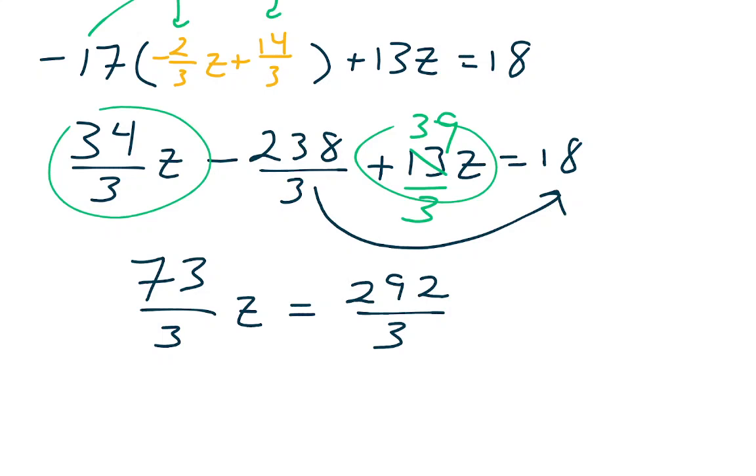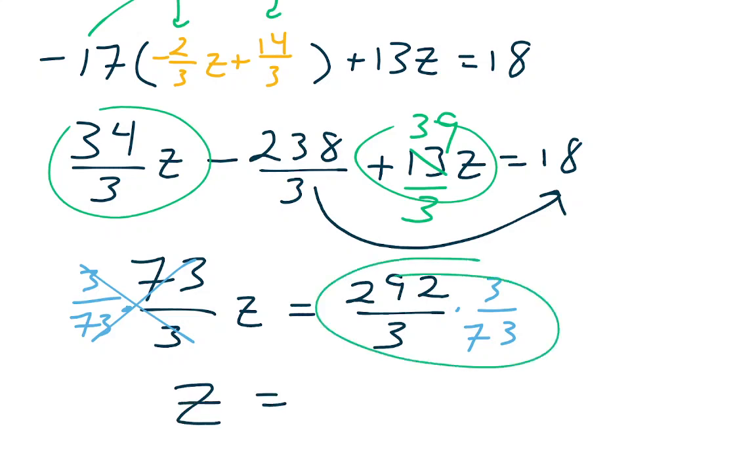At the very last step, when you multiply by the reciprocal to cancel that darn fraction in front of z, these cancel out, you're just left with z, and thank you, these numbers multiplied together, it turns out that the 3's cancel, but the 292 divided by 73 comes out to be 4.